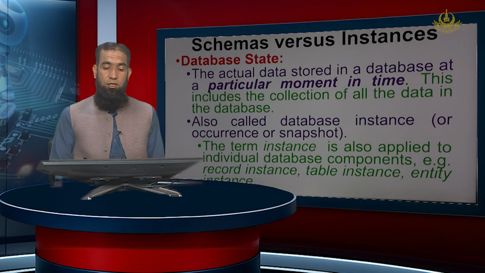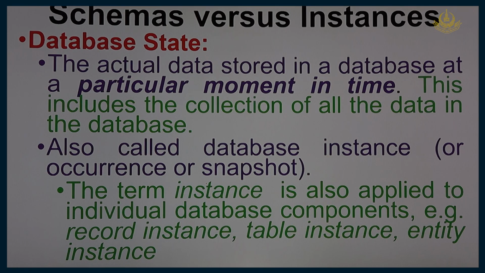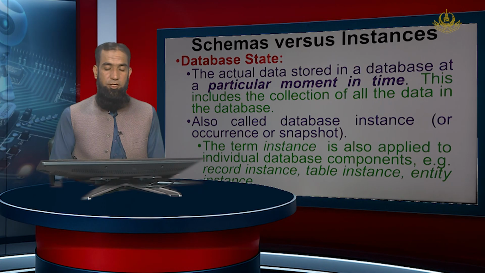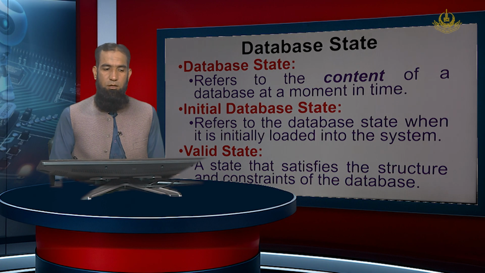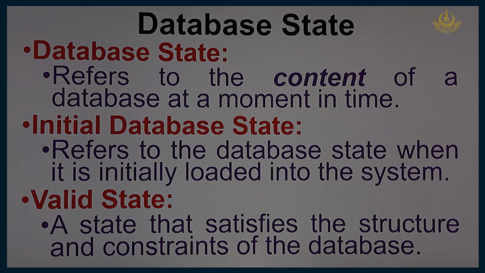The term instance is also applied to individual database components. For example, record instance, table instance, entity instance. Entity instance means at a specific time all the records in that entity or table. The record instance means the situation of that record. Database state refers to the content of a database at a moment in time.